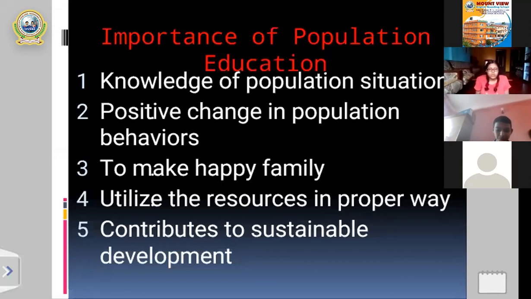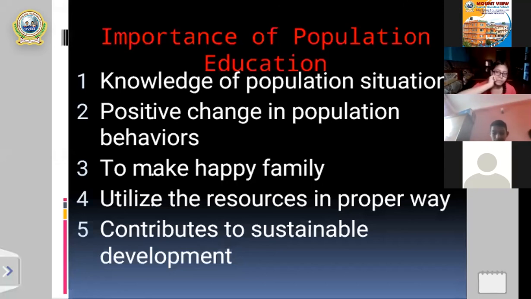As we all know, different means and resources are very essential to launch different development activities or development projects in a certain area. So to conduct development projects, or to get different facilities and services, available resources should be used in a proper way.